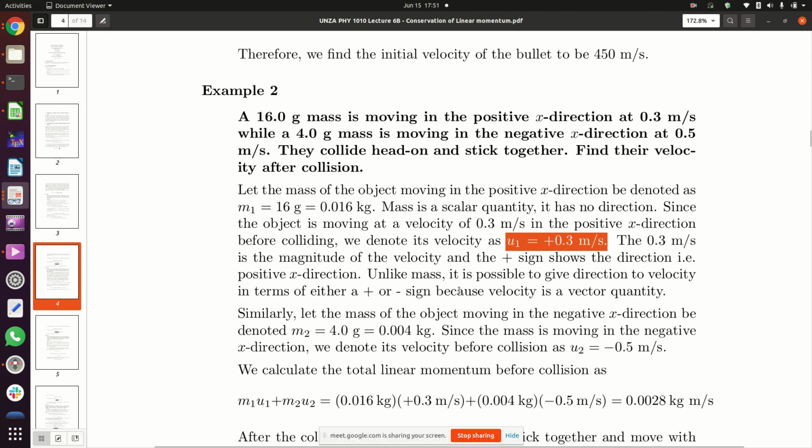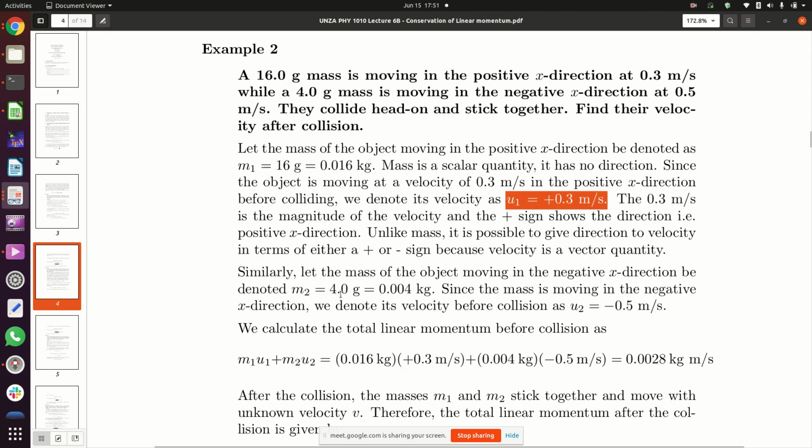Then the other object, m2, the 4-gram mass, we obtain its mass in kgs. That's going to be 0.004 kgs. Then we are told that this object is moving in the negative x direction. Therefore, u2 is going to be not 0.5 but minus 0.5.